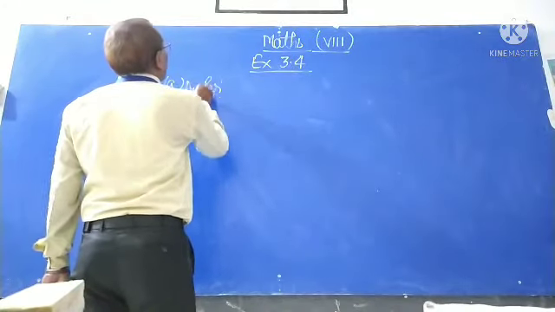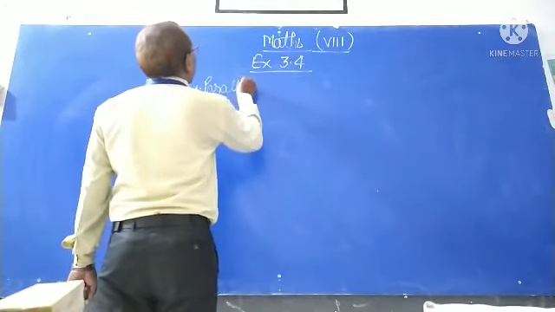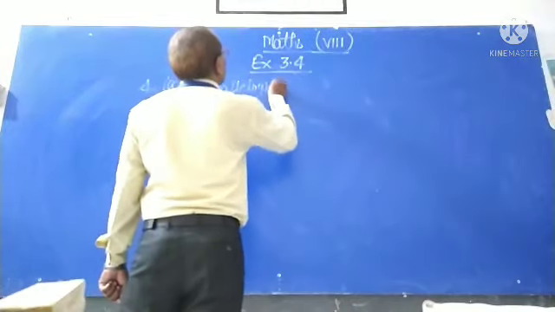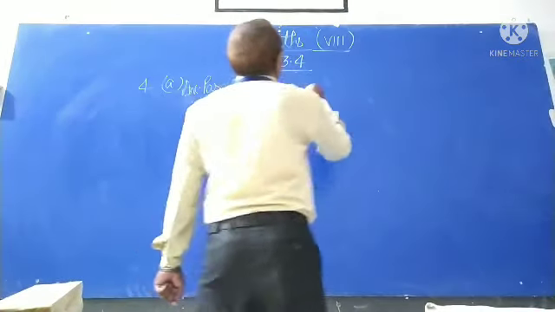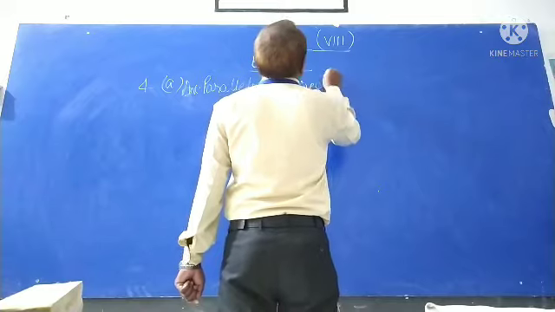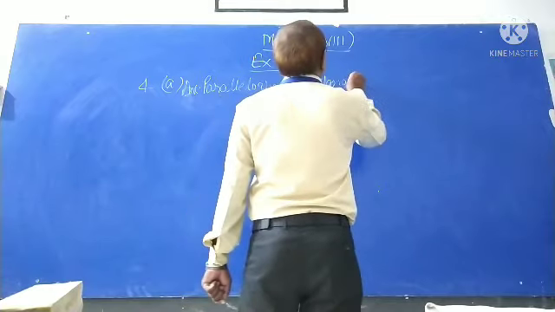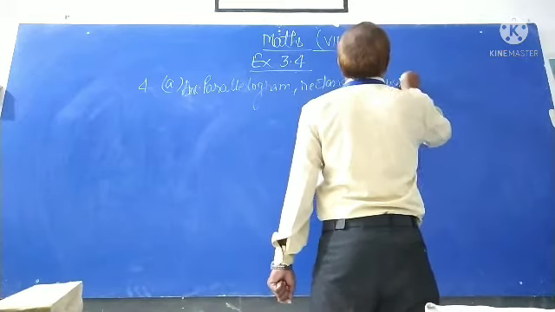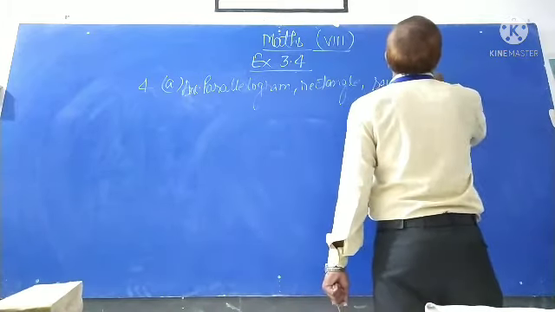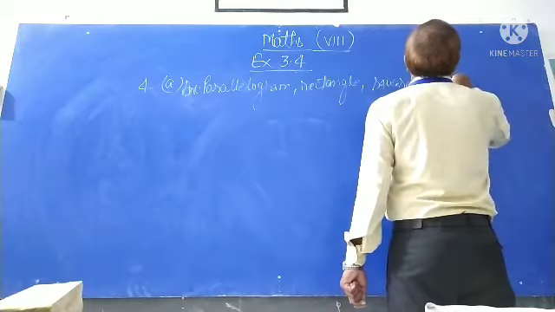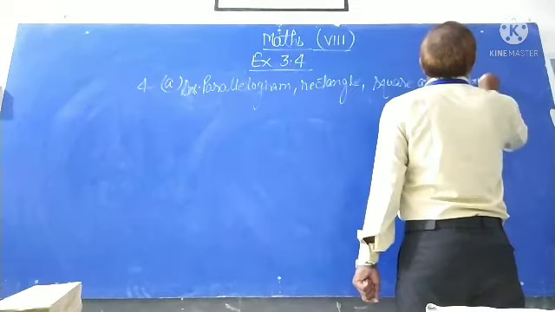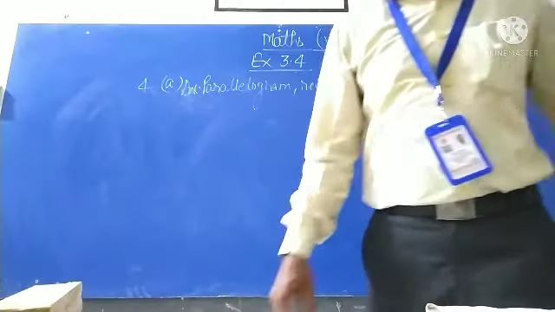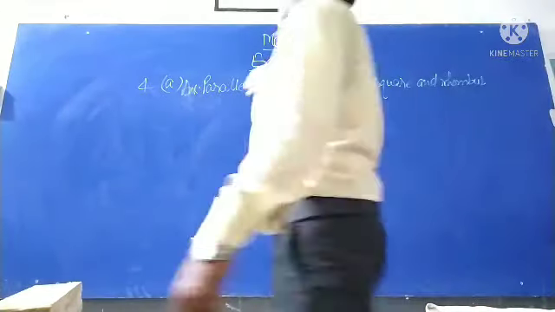Answer: parallelogram, rectangle, square and rhombus. All these quadrilaterals' diagonals bisect each other.